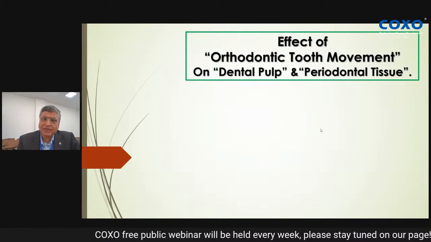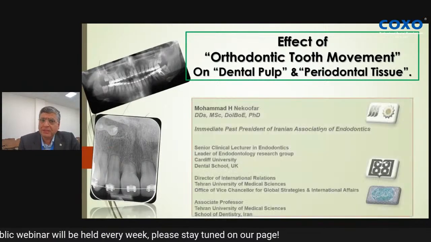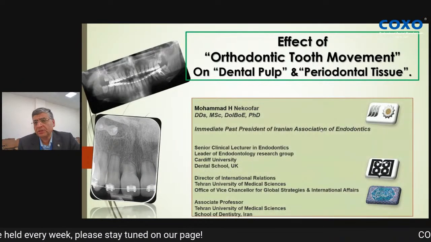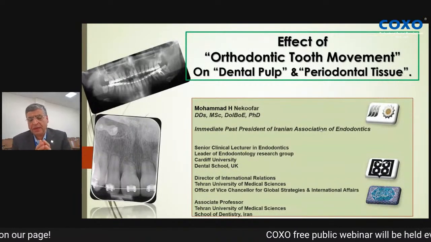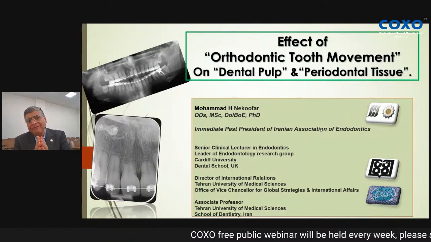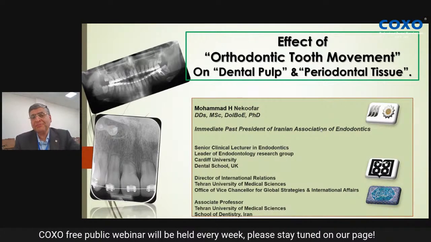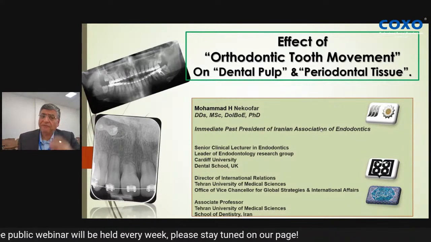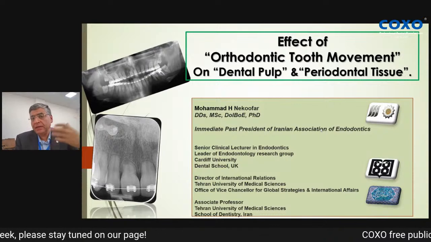My topic is the effect of orthodontic tooth movement on dental pulp and periodontal tissue. The reason I chose this topic is that I think we don't have enough evidence and information about the effect of orthodontic tooth movement, which is increasingly common these days.